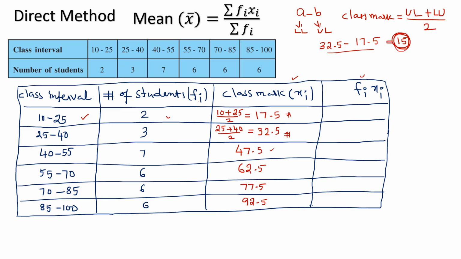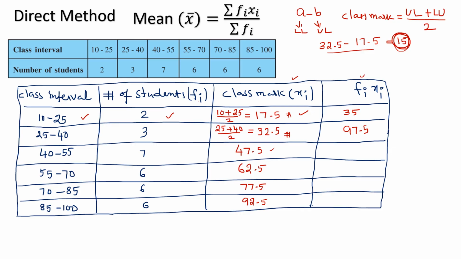Now the fourth column is the product of fi and xi. So fi is 2 and xi is 17.5. So 2 multiplied by 17.5 will give you 35. Similarly 3 multiplied by 32.5 is 97.5. And similarly you find the products of the remaining frequencies with their class marks.